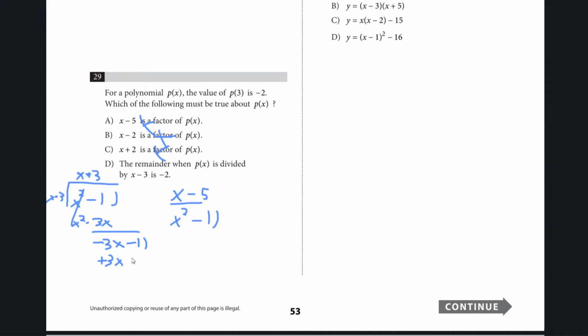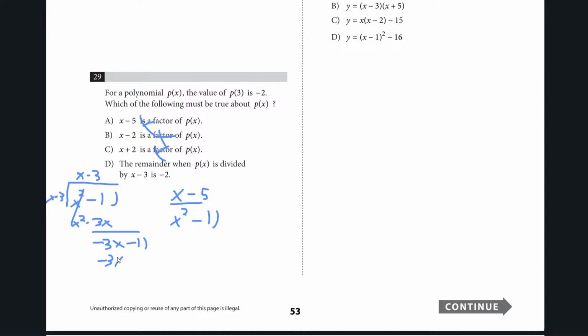Positive 3 plus 9. Did I do this wrong? Where did I misinterpret this question? Because this should be a positive 9 so that this can cancel out. No, they need to be the same. I was right the first time.